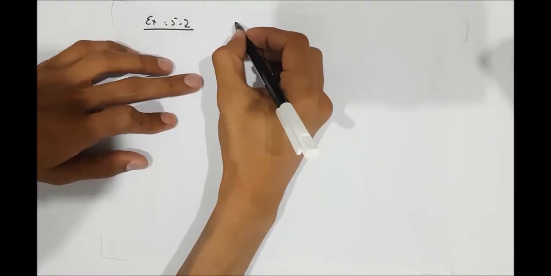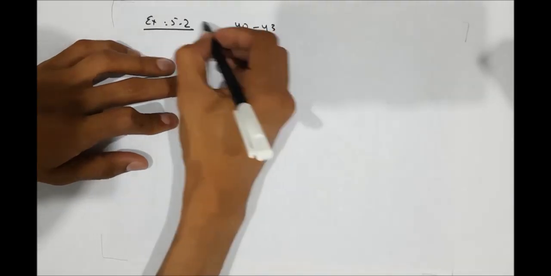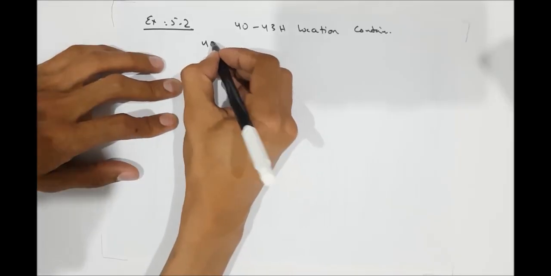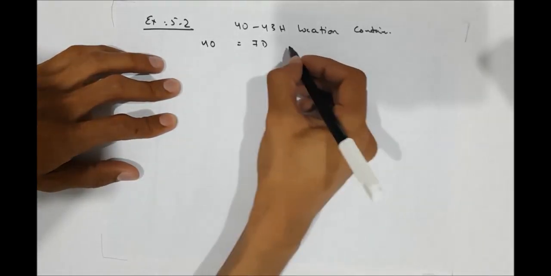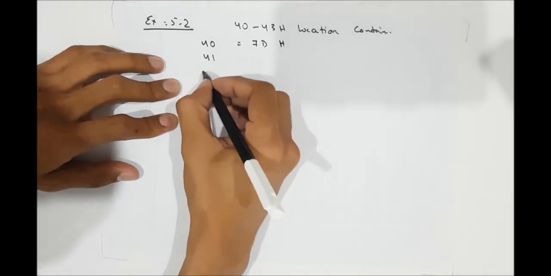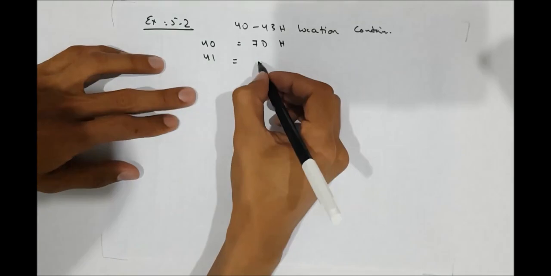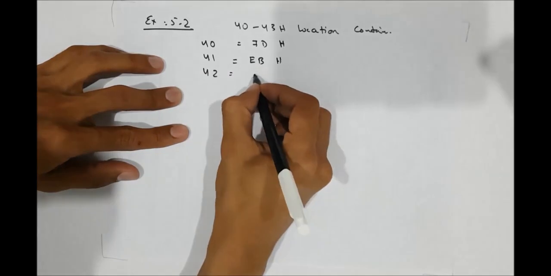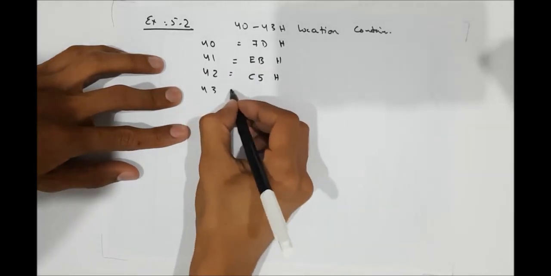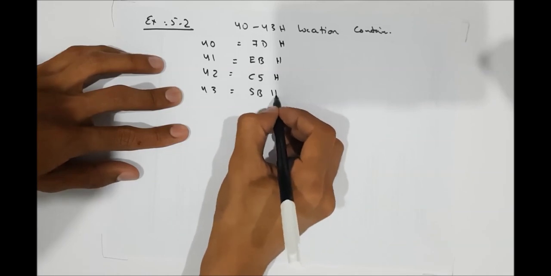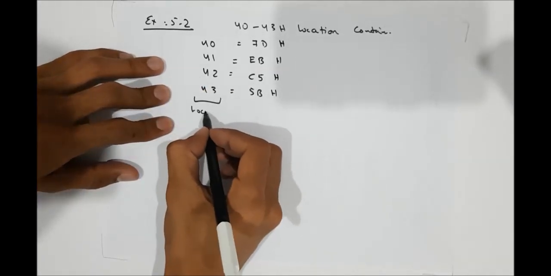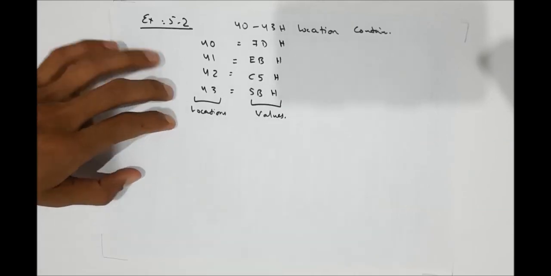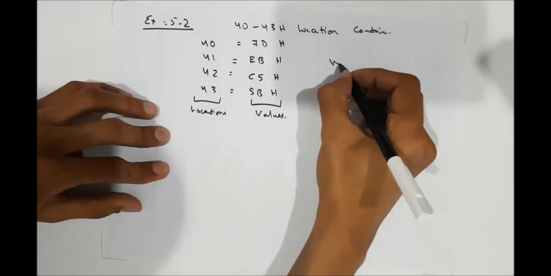Location 40 is equal to 7D hex, 41 is equal to EB hex, 42 is equal to C5 hex, and 43 is equal to 5B hex. So these locations contain these values.